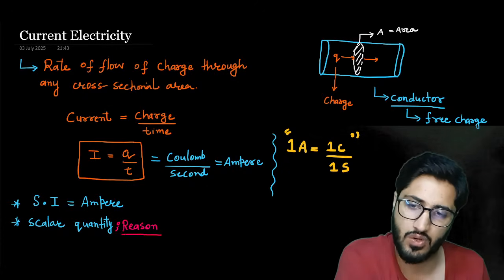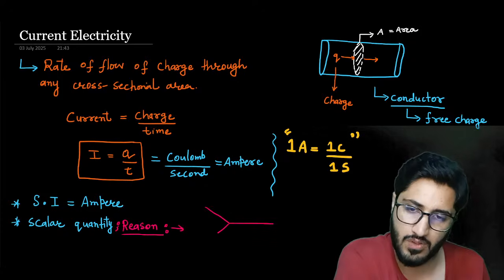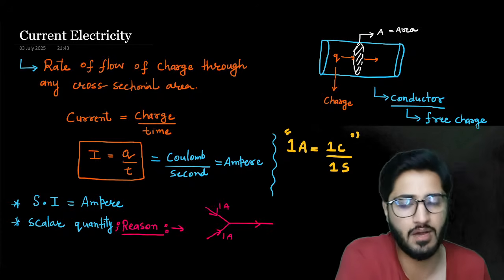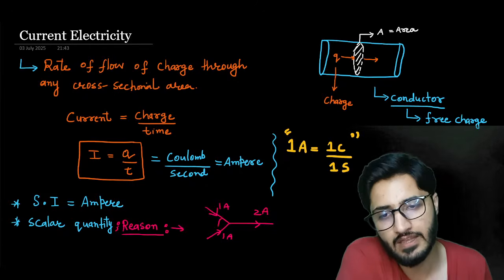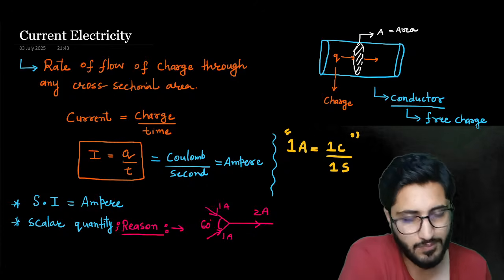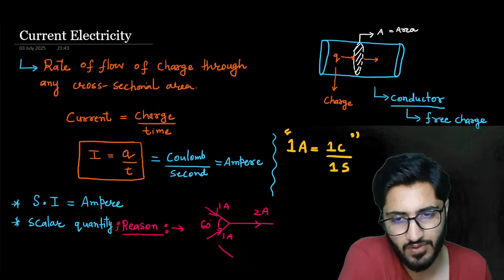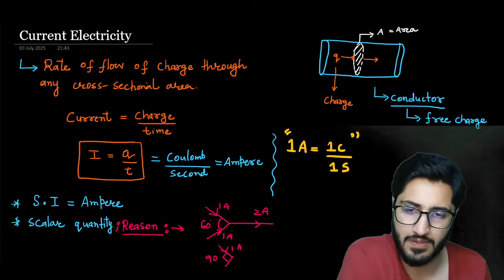Look now. Look, 1 ampere current is coming. 1 ampere current is coming. So through this one, how much current will flow? So 2 ampere. Okay. If this angle is 60 degree. One more example. Let's suppose here the angle is 90 degree. 1 ampere, 1 ampere.